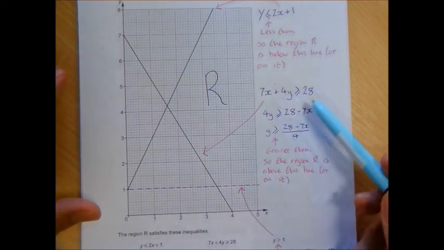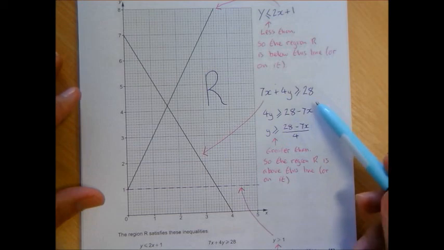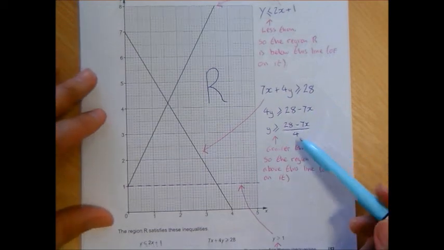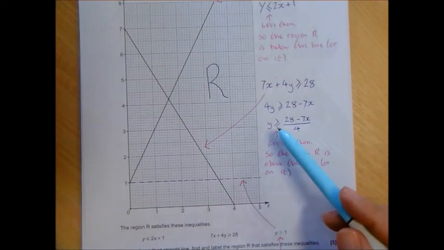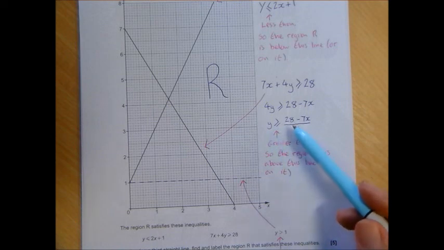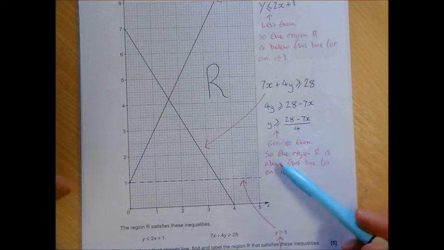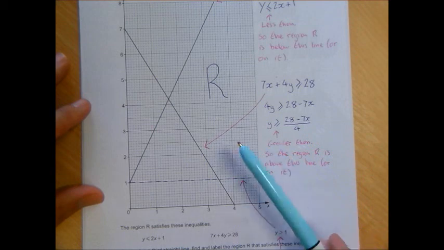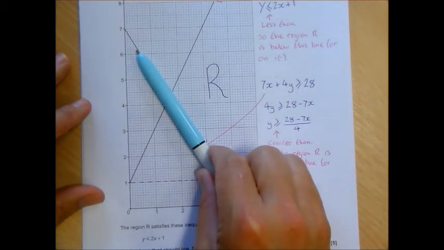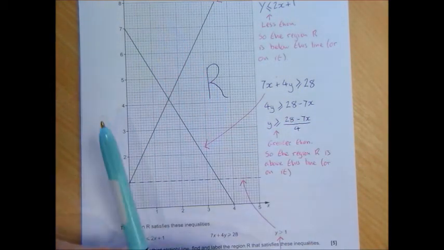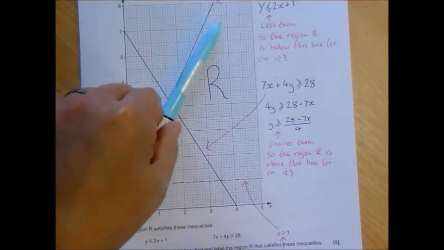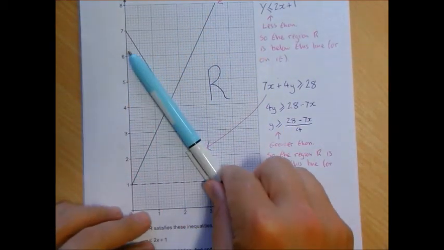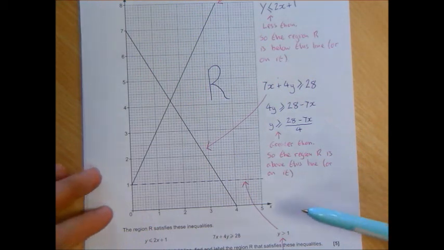So I've done a little bit of rearranging here, taken off 7x from both sides, divided by 4. So I ended up with y is greater than or equal to 28 minus 7x over 4. So it's greater than, so that means it must be above this line. So anywhere up here.